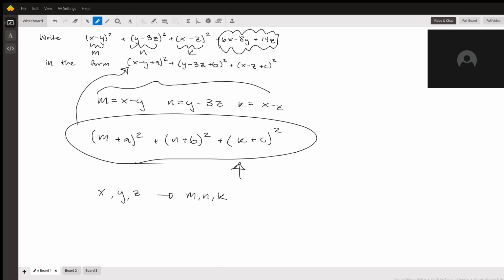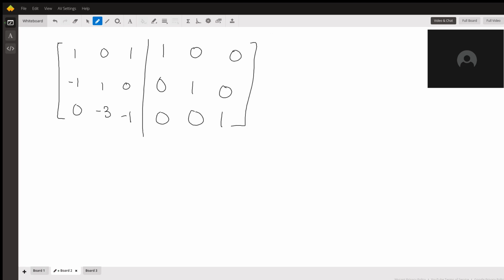And so hopefully you've seen something like that before, but we're going to have to use a little bit of linear algebra to think about how we can convert one basis to another. So I have some stuff queued up on board number 2 here. I actually wrote what our m, n, and k vectors are in terms of our x, y, and z vectors.